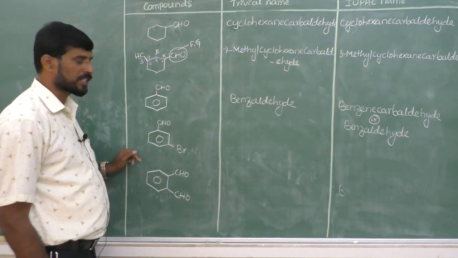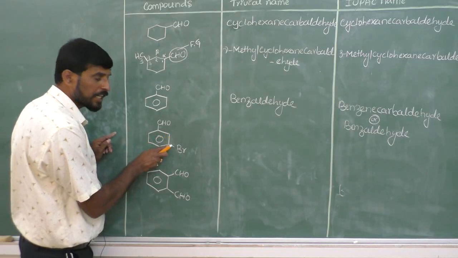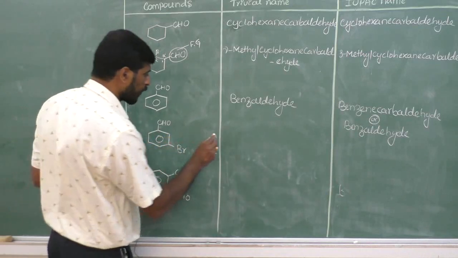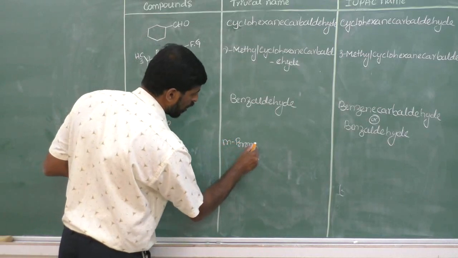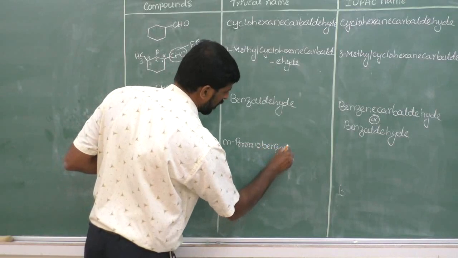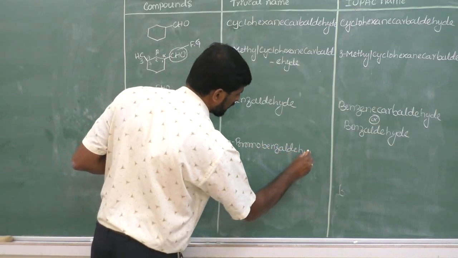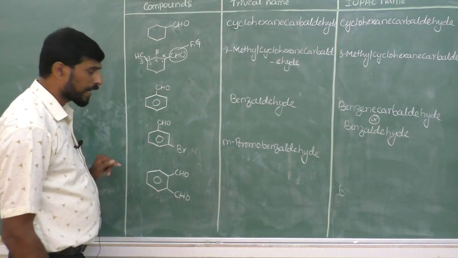Next, come to this. Observe this. This position is ortho. This is meta. Therefore, it is meta-bromobenzaldehyde. Next, the IUPAC name.